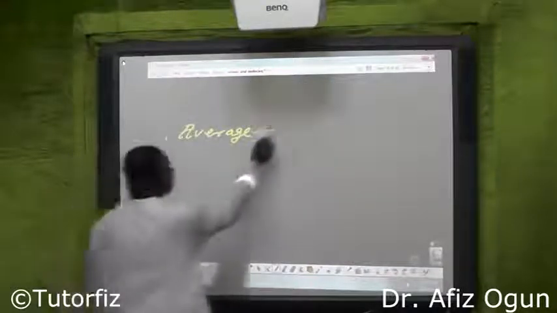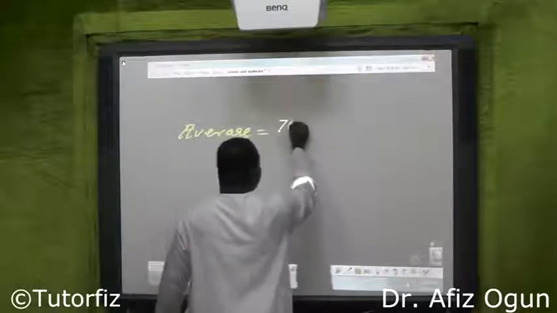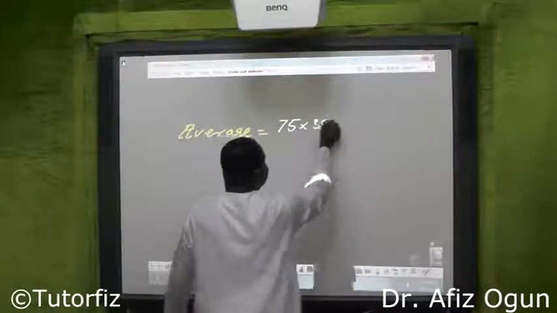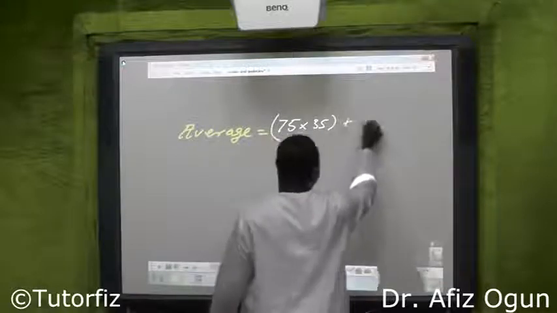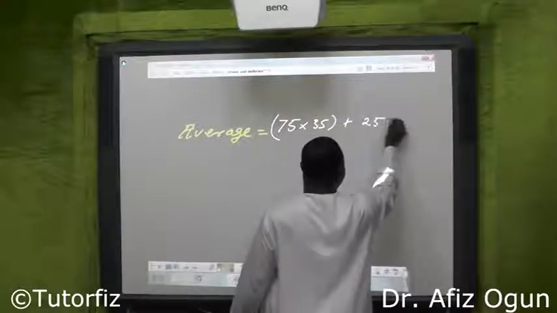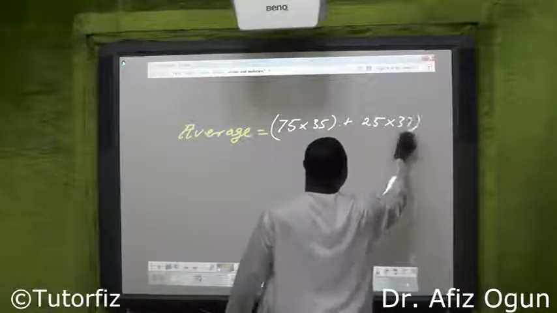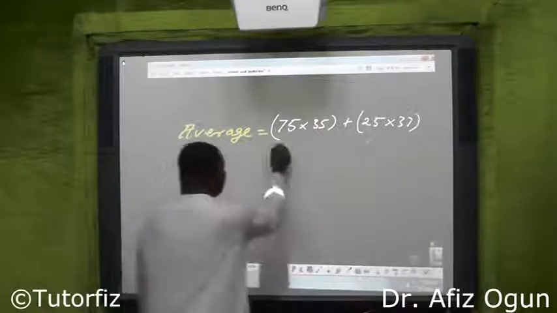So we have 75 multiplied by 35 plus 25 multiplied by 37, and the total divided by the total.